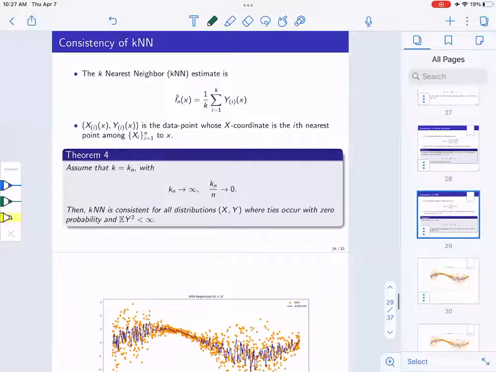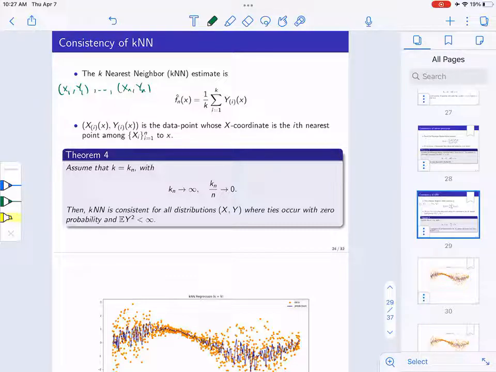So let's do the k-NN. k-NNs are also universally consistent. So k-NN would be something like this. What I'm doing here is I'm using this notation. If you look at the training data, it is x1, y1 up to xn, yn. For any data point x, I have to find the k nearest neighbors.